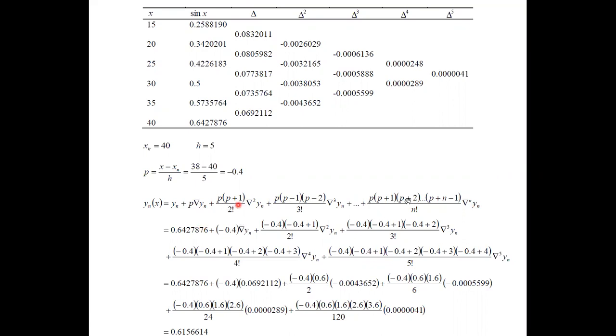When you are using Newton's backward interpolation, you have seen some notations: nabla yn, nabla 2 yn, nabla 3 yn, likewise nabla n yn. Here also this nabla is the differencing, and the values that need to be used with the nabla should be the values that you can see here.